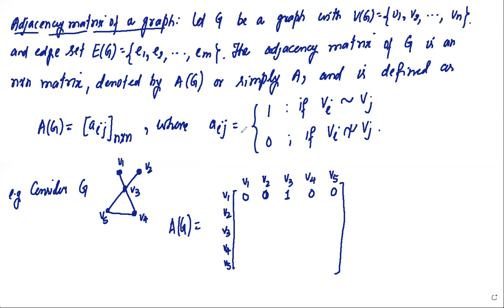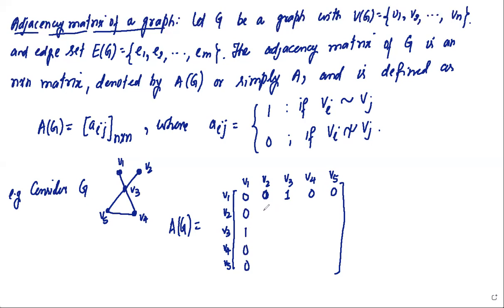So keeping this observation in mind, we can see that the adjacency matrix is always a symmetric matrix. So if we have this as our first row of this matrix, then obviously the first column must be the same one. So the first column is 0, 0, 1, 0, 0.